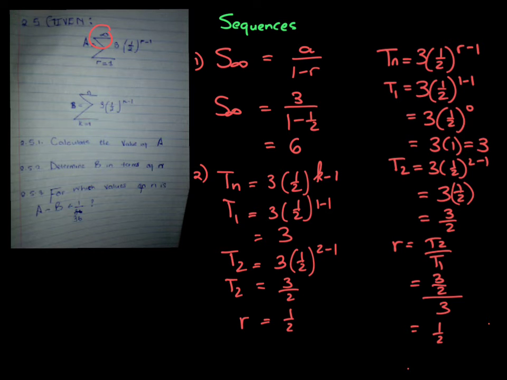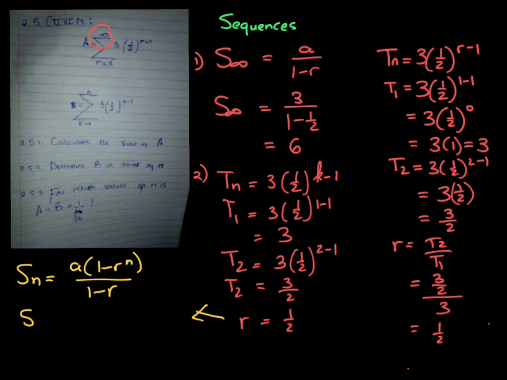And this question wants us to find b in terms of n. I'm going to write the answer here in this little corner. So we need to find the sum. Sn equals a times 1 minus r to the power n over 1 minus r.